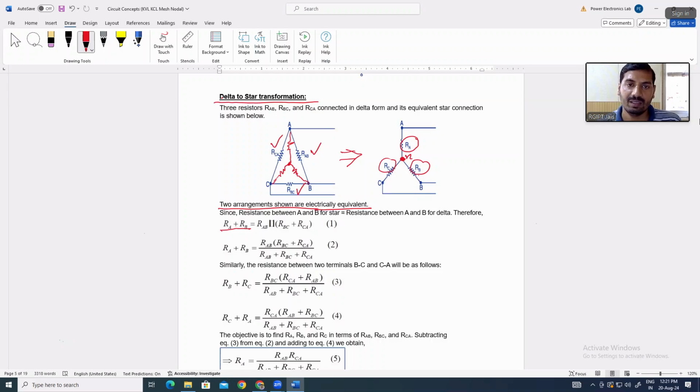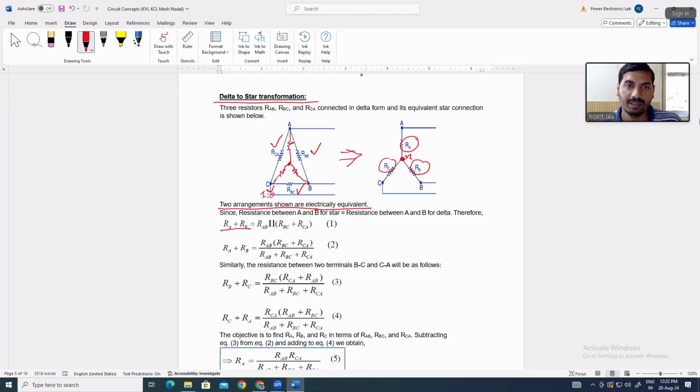What will be the value of the resistance between terminals A and B in delta? You can see that through this wire there is no current. So if there is no current through this wire, these two resistances, RBC and RCA, will be connected in series.